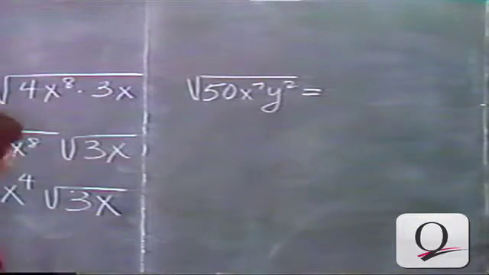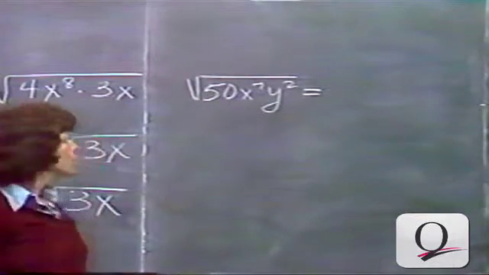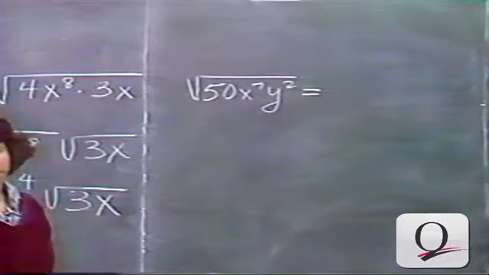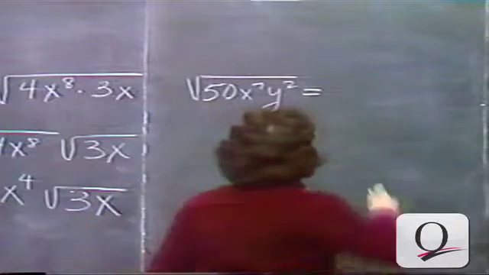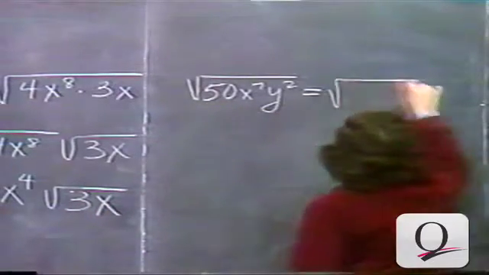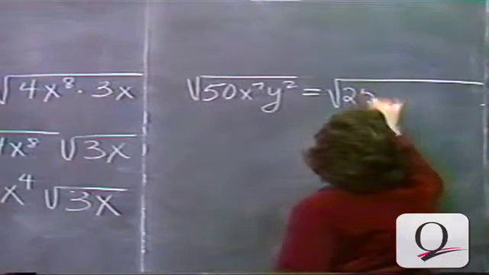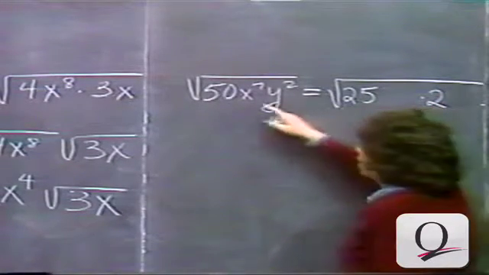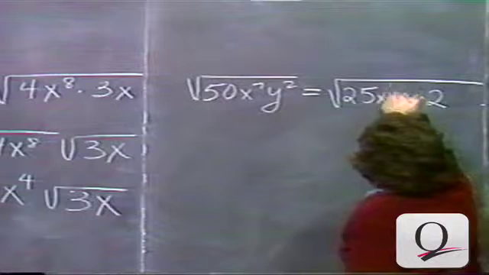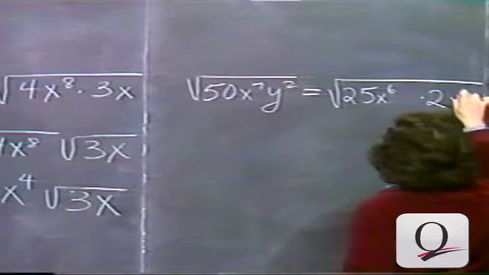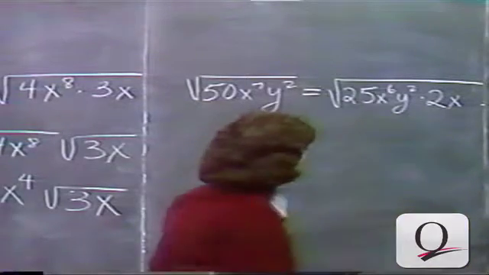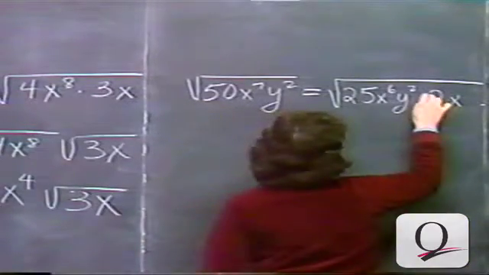Okay, now, we're looking for a perfect square factor of 50. Okay, we try 4. That doesn't go in. 9, 16, 25. Okay, 25 goes into 50 evenly. So we get 25 times 2 for the 50. x to the 7th will make x to the 6th times x, and y squared, okay, that's an even power, so we can leave that alone.